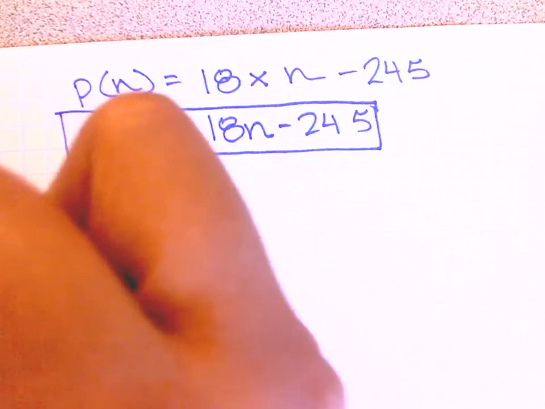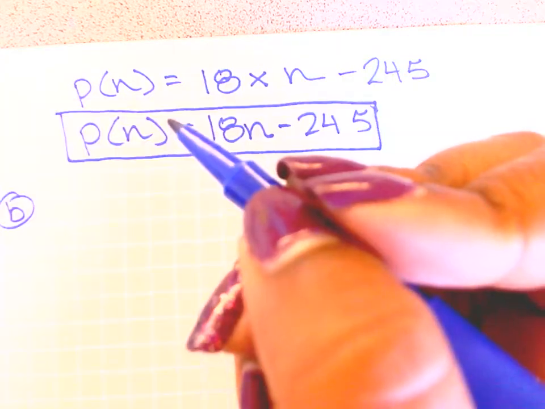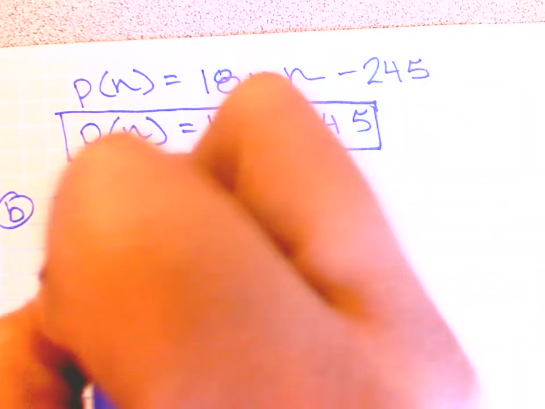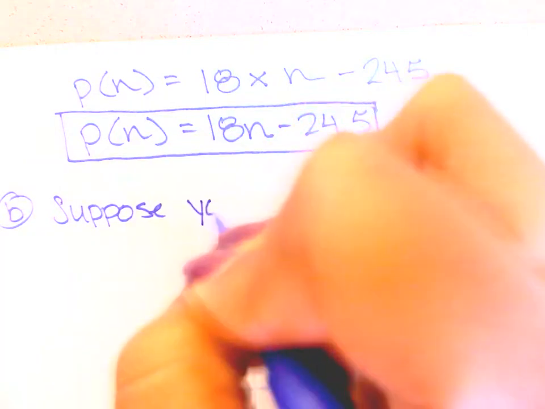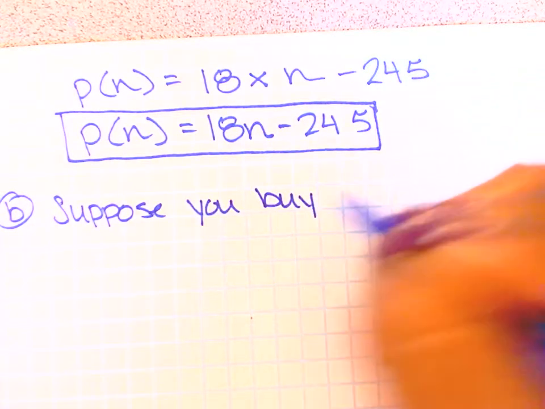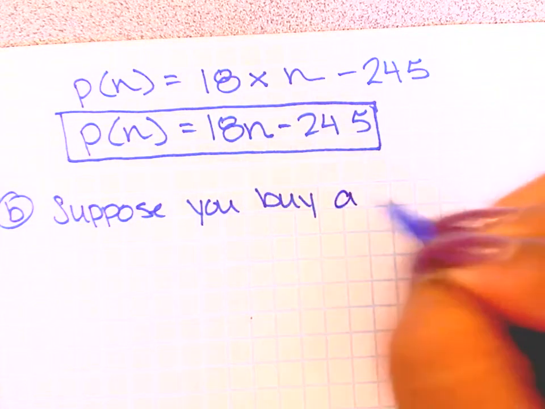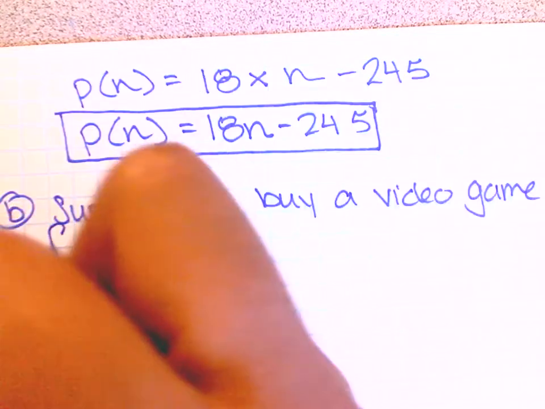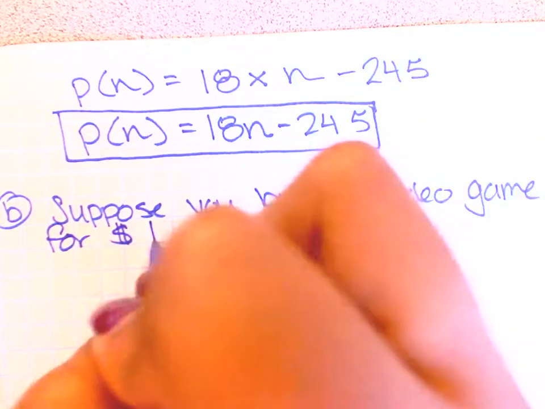Last part to this question, part B. Suppose you buy a video game. Ooh, we like video games. I know a lot of you do. You're up late playing. Suppose you buy a video game for $199.